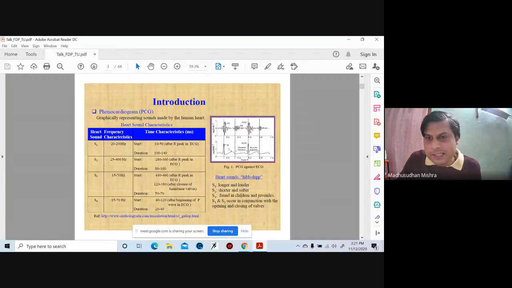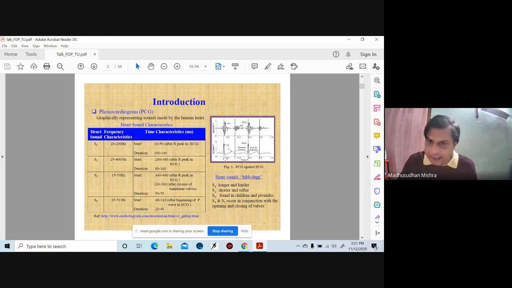The PCG is the recording of heart sounds caused by the mechanical vibration of the heart, whereas the electrocardiogram signal is the recording of electrical activities of the heart. These two are interconnected with each other.